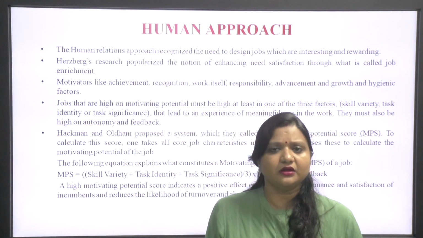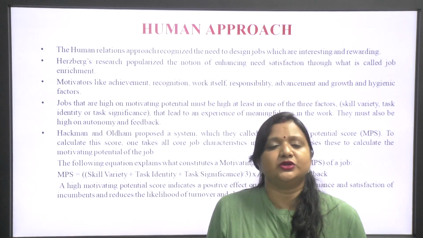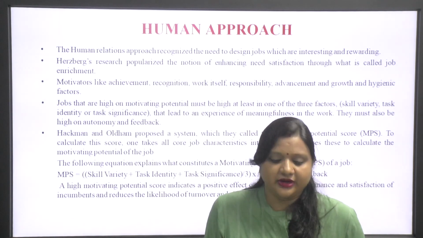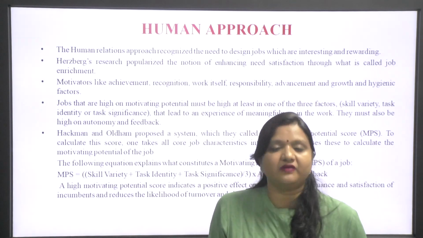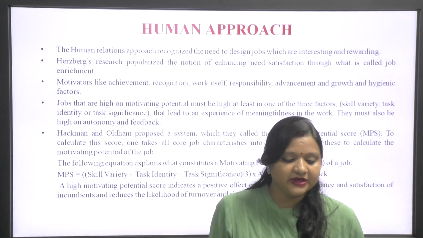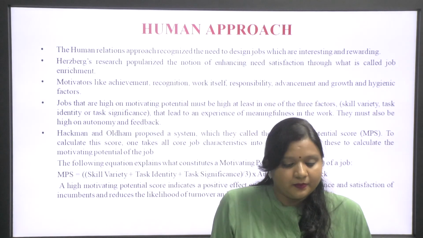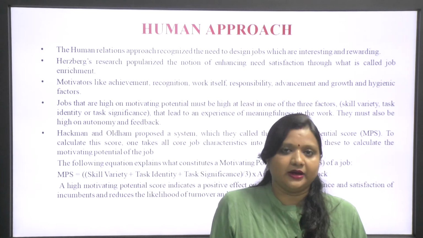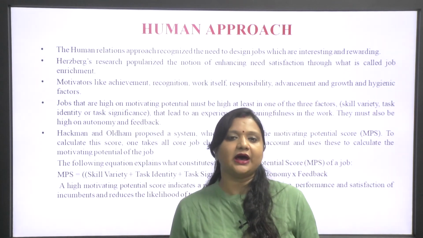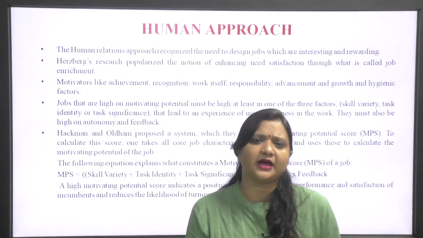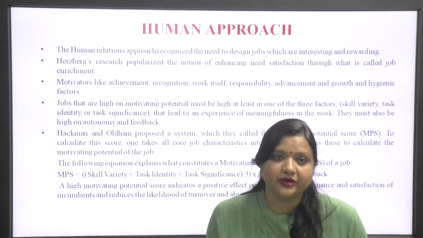So, human resource managers work on the human aspect, and they have to work on the motivating potential score, where MPS is equal to skill variety, task identity and task significance, multiplied by autonomy and feedback. It means how, as a human resource manager, you motivate employees.